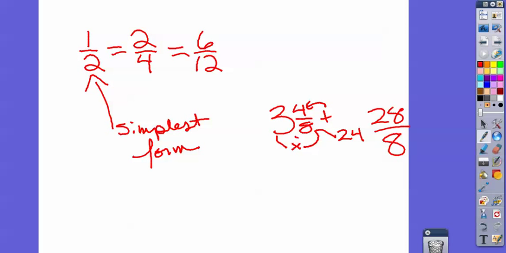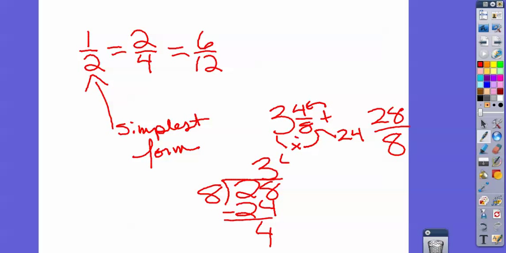And if you need to turn that back into a mixed number, it's just like turning a fraction into a decimal. You just divide the numerator by the denominator. So 28 goes into 8 3 times, and then 3 times 8 is 24. Subtract, and I get 4, and that leaves me with 4/8.